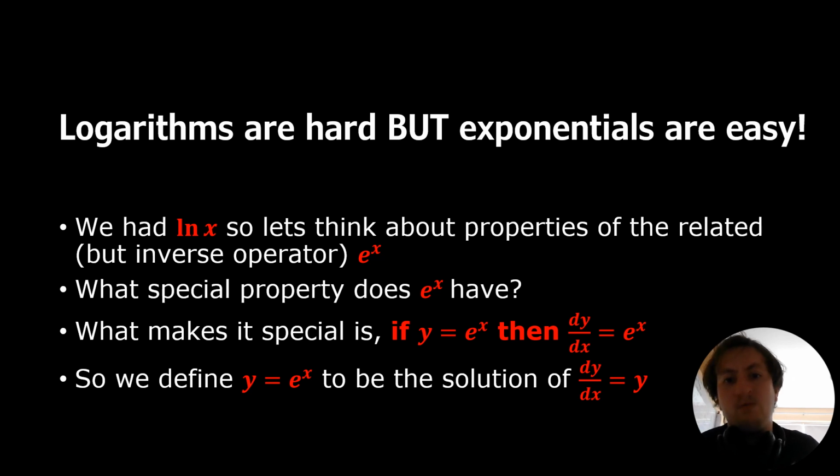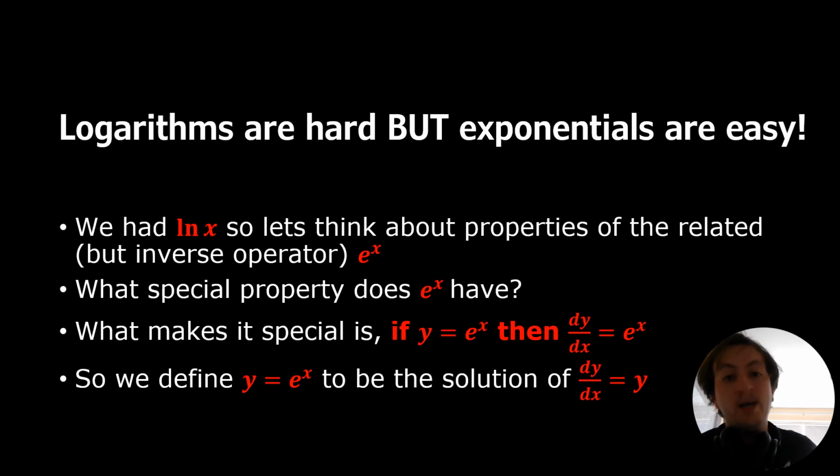So in summary, y equaling e to the x is the solution to the differential equation dy by dx equals y, and what we're going to try to do is solve this differential equation and for a while forget that we know the solution being y is equal to e to the x, and then we'll make use of the fact that we do know the solution at the final stages of this proof.